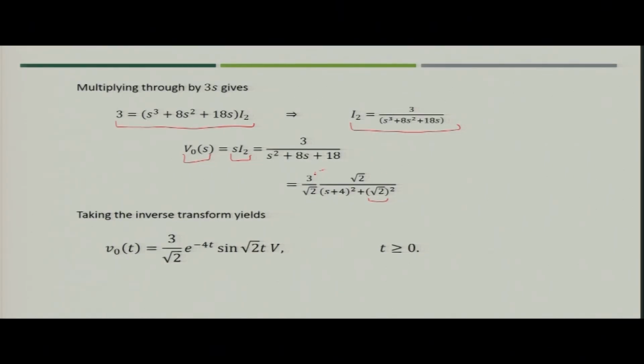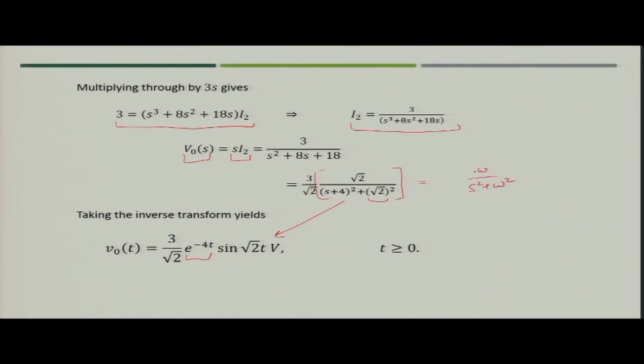So, if you see this particular component, what you can see? You can see this is nothing but the Laplace transform of e to the power minus 4t into sine of root 2 t, because the Laplace transform for sine omega t is nothing but omega upon s square plus omega square.